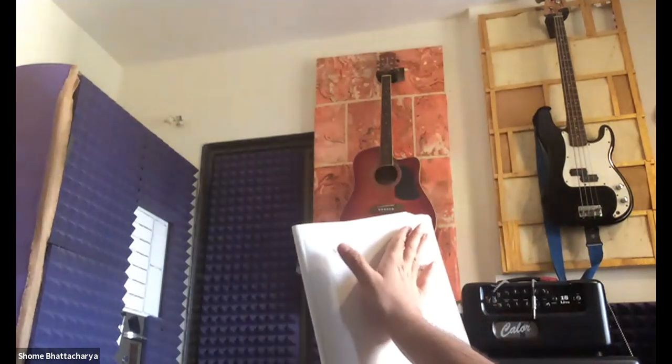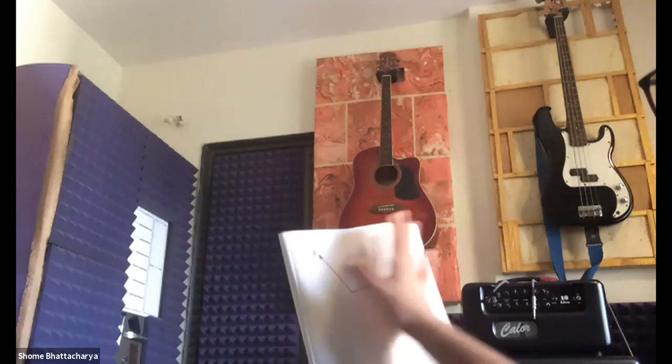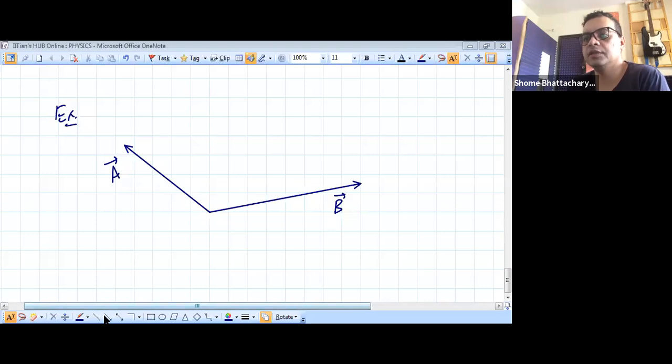So where my palm is pointing, it's into the plane of the paper. So that's why the n cap's direction in this case will become into the plane of the paper. That's how we understand that here the sense of n cap will be into the plane.